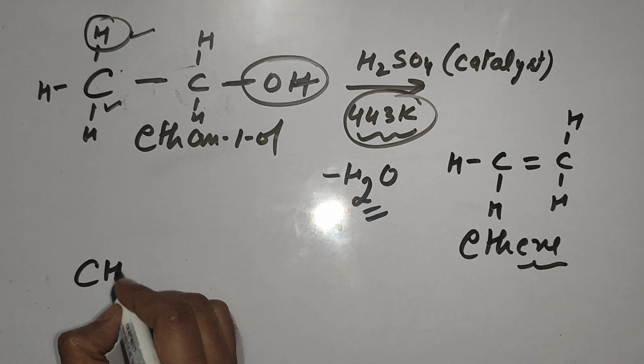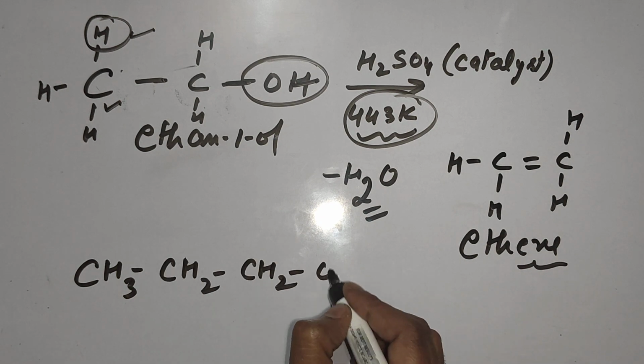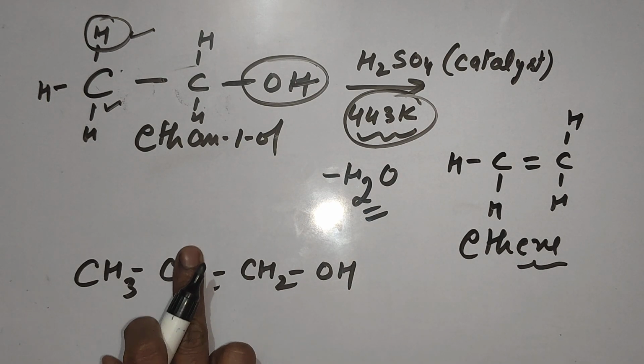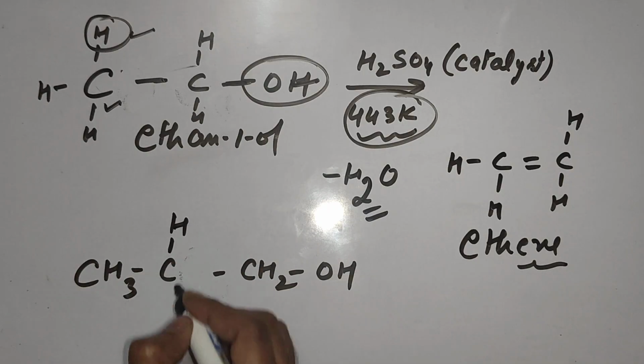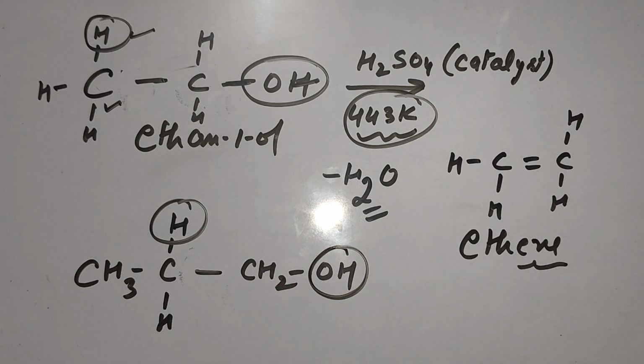Similarly, if you are performing dehydration of this one, what to do? OH is connected to this carbon; take the hydrogen of the next carbon to it and the OH from this carbon, H2O will be released out, and between these two carbons, you have to generate a double bond.